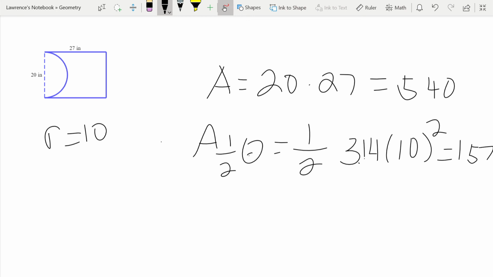And if you notice, we're cutting out this little part, so let's just subtract them. 540 minus 157 is approximately 383.